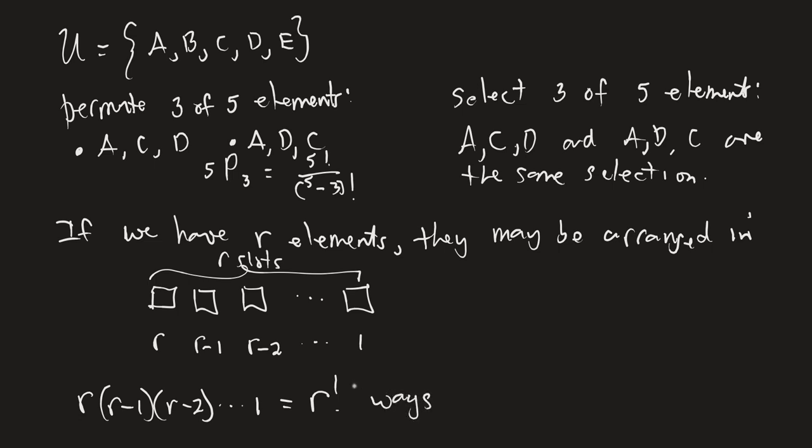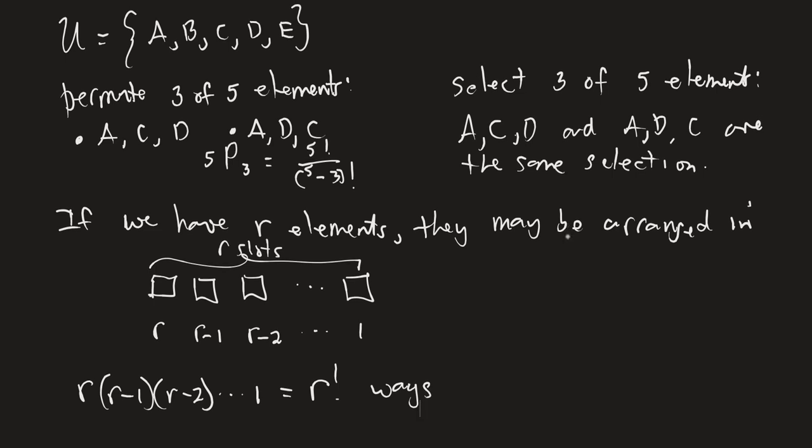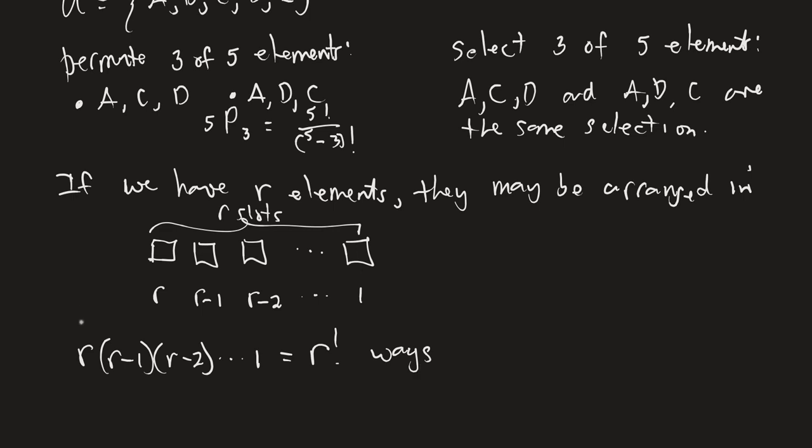So if we don't want to distinguish between the different arrangements of these R elements, in other words, if we want, for example, ACD to be counted the same as ADC, here's how we can approach this. Let me make one more statement, and we're getting there.